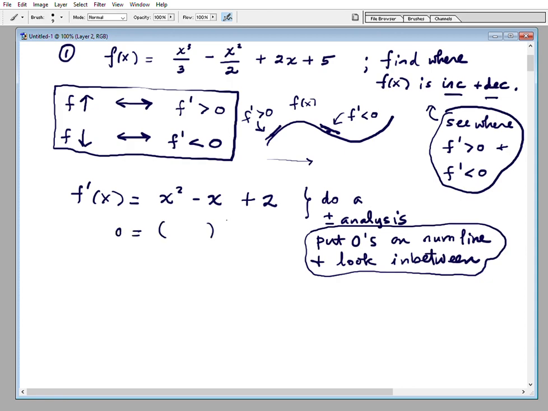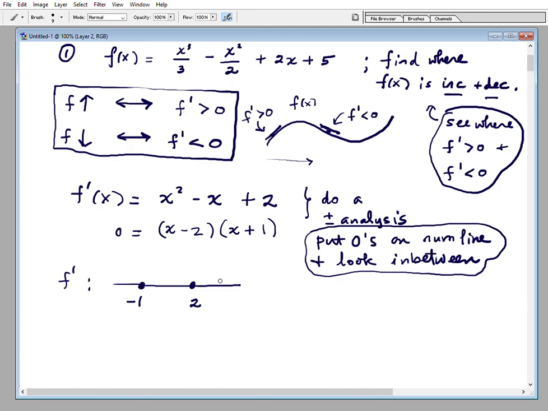Okay, so we're going to factor it. So this factors x minus 2, x plus 1. Okay. So here I'm writing f prime next to it, just as a reminder that we're doing a plus-minus analysis of f prime, not of f, but of f prime. So here put in order the zeros of this. This is equal to 0 at minus 1 and at 2.